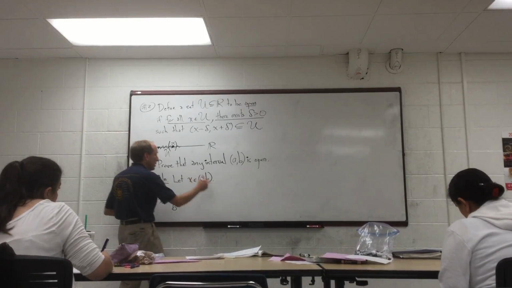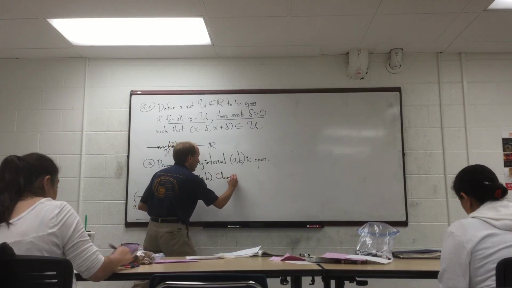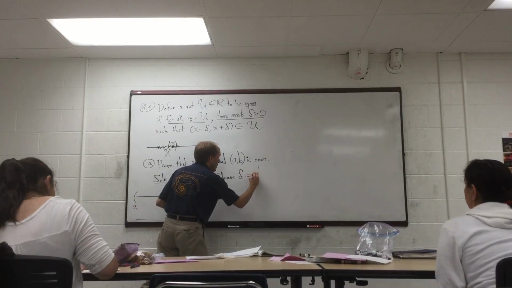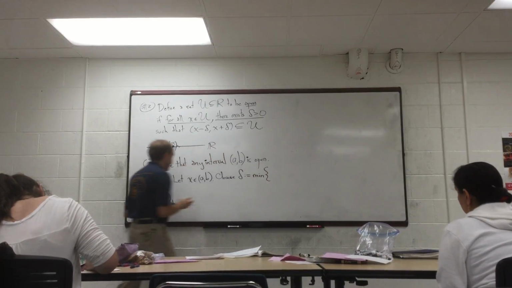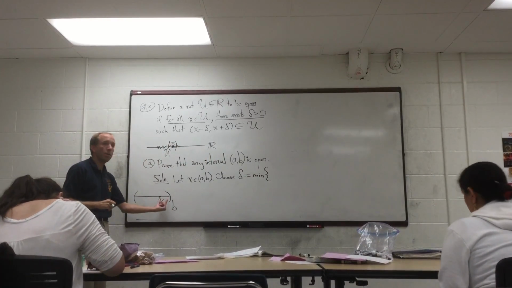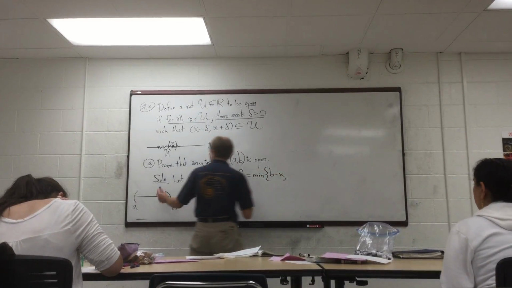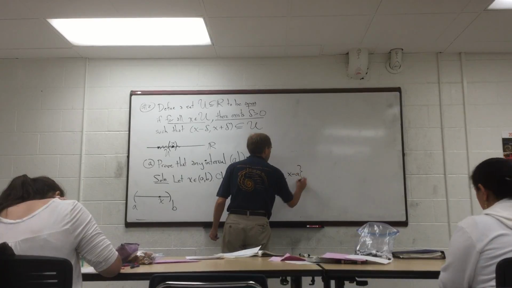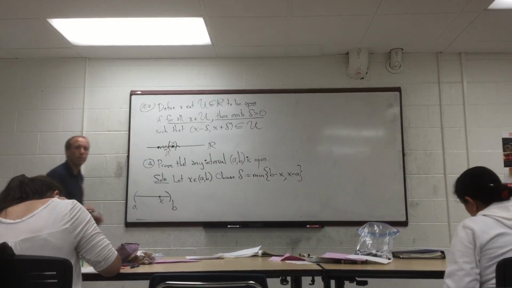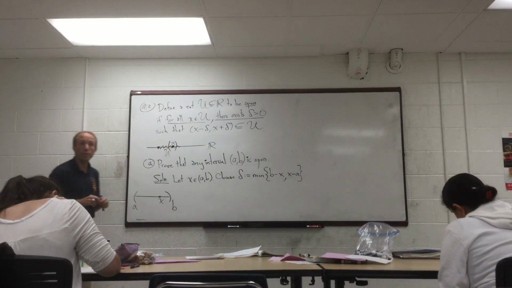So let x be in here. So choose delta to be the minimum, always the minimum, and we can just see from the picture what we're looking at. It's going to be b minus x versus x minus a. Okay? So whichever one is smaller.